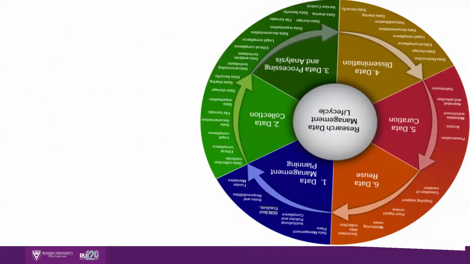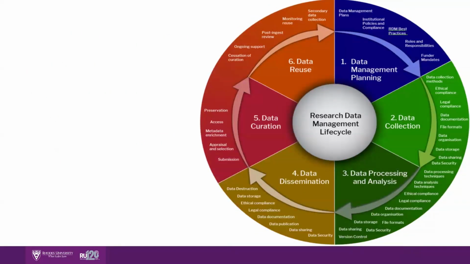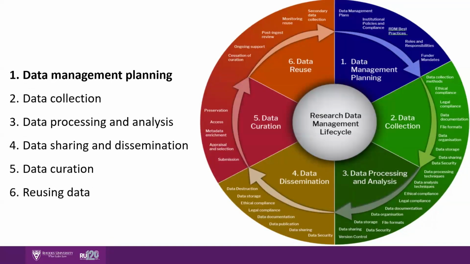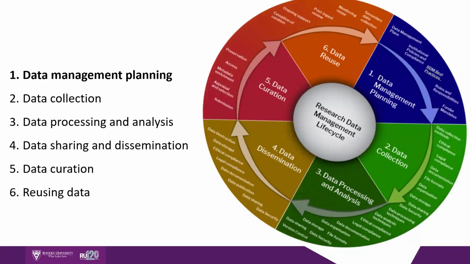We did indicate that research data management is generally conceptualized in terms of a life cycle, and that data management planning is the very first step of this life cycle. So we will delve deeper into that very first step.